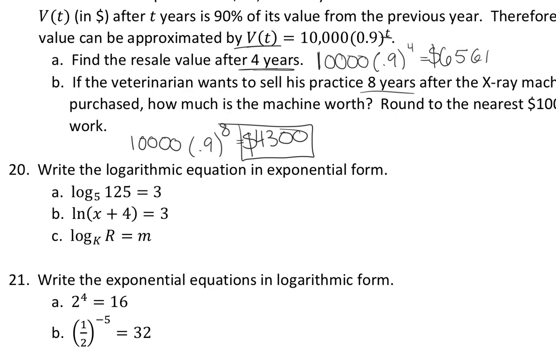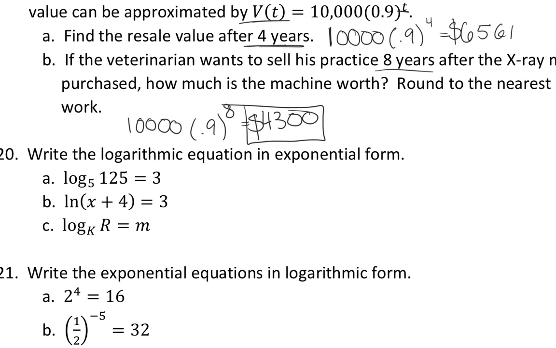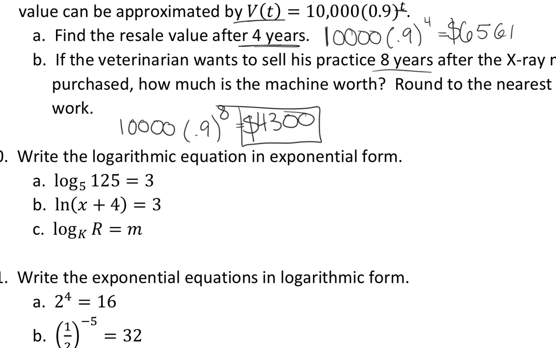Write the logarithmic expression in exponential form. Right, so if we swap everything around, this is going to be the base, this is going to be the exponent, and that's what it's going to be equal to.